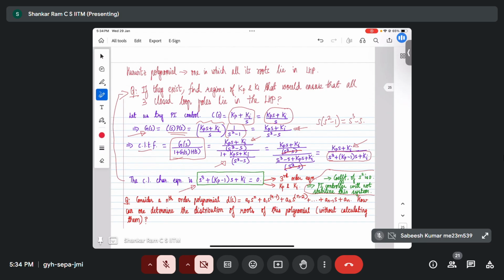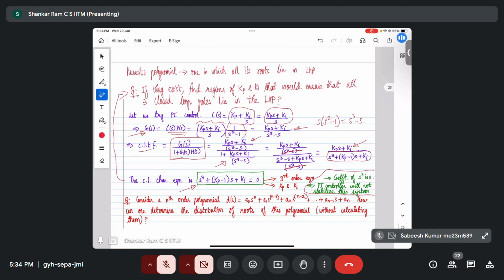We want to figure out what values of Kp and Ki exist with which the polynomial will become Hurwitz, or all the three closed loop poles will lie in the left of the complex plane. We are going to learn the corresponding general theory in the next class. So we will conclude today's class with this question.